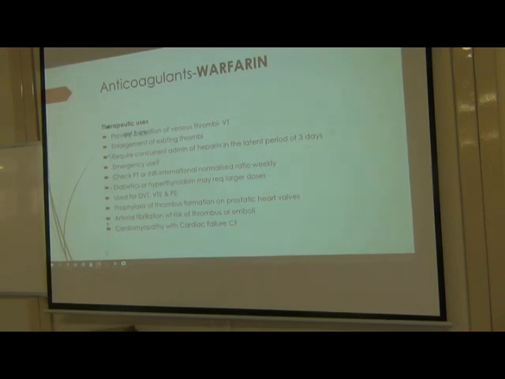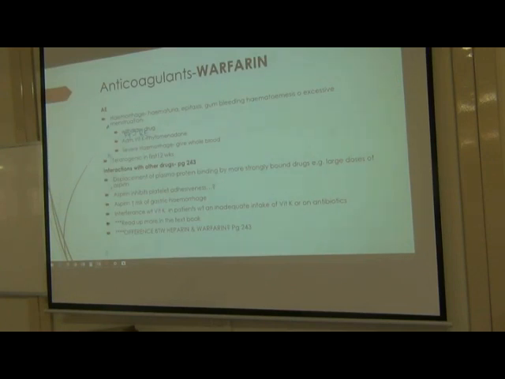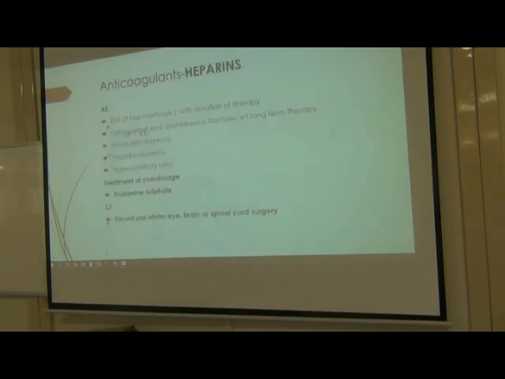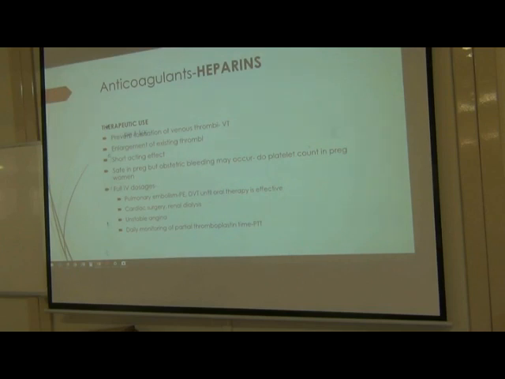So with heparin, they need to check. Heparin will require a PPT to be done, particularly for the high dose, for the full IV dosages.